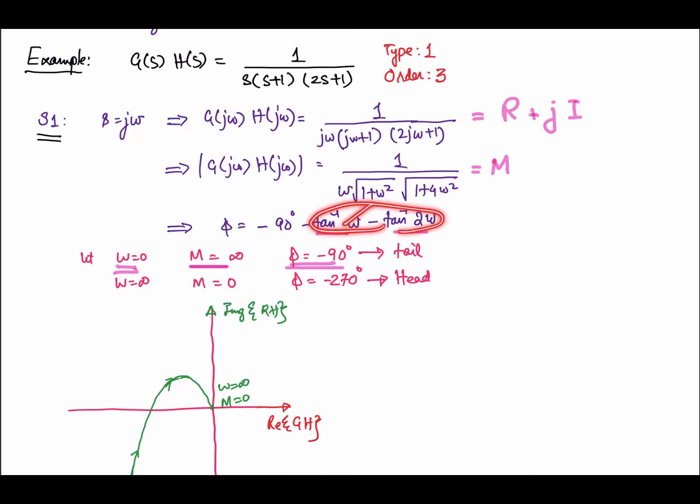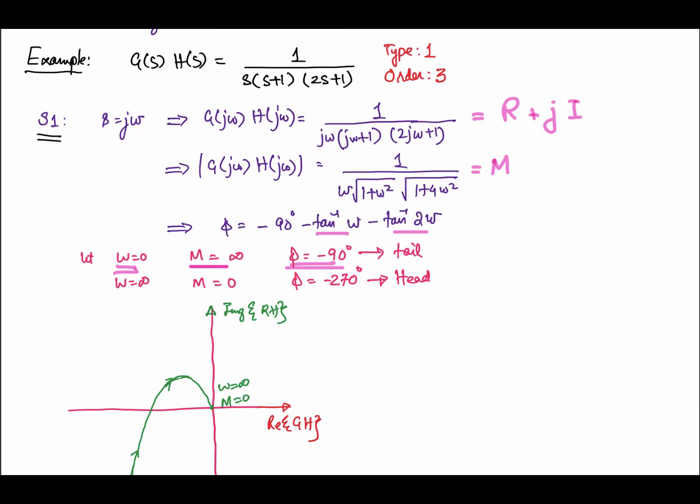So these two will be 0, so your phase is minus 90 degrees when omega is equal to 0. And when you move towards infinity, when your frequency increases, your magnitude from this equation will be approaching 0, and from this equation this will be approaching 90 degrees, so your total phase will be equal to minus 270 degrees.